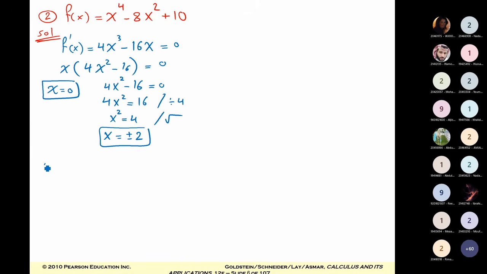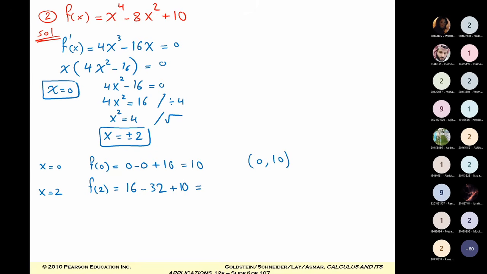The first one is at x equals 0, we need to find f of 0. f of 0 equals 0 minus 0 plus 10. Okay, so we have 10. So the first point is 0 and 10. At x equal 2, f of 2 equals, substituting 2 in f of x, 2 to the power 4, 16, minus 8 multiplied by 4, 32, plus 10.